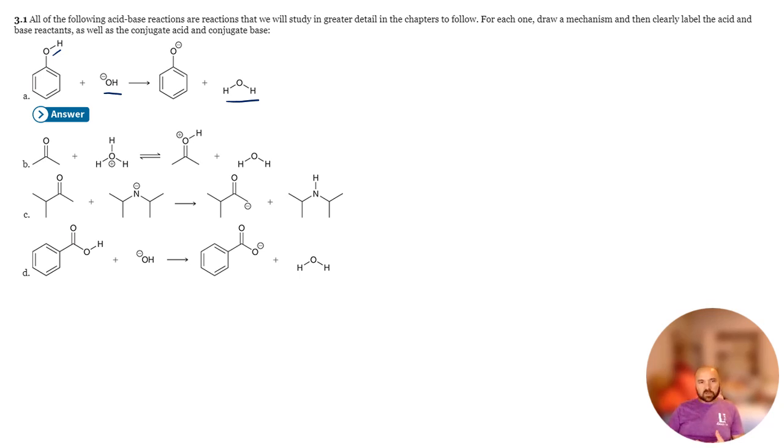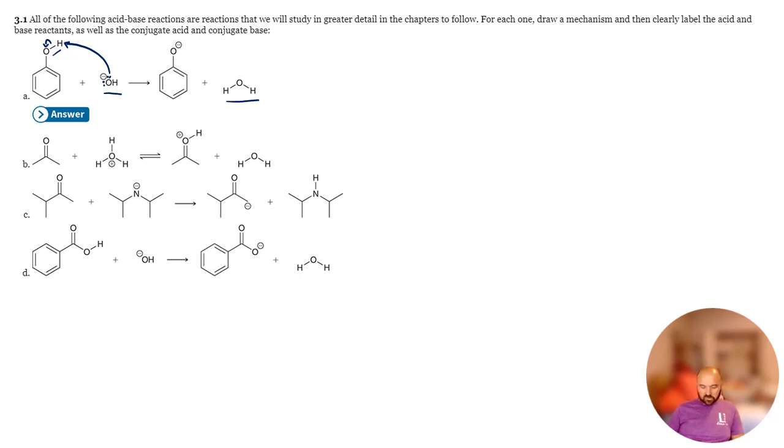If I'm trying to draw the mechanism for this reaction, I'm going to show the lone pairs on my hydroxide ion, and I will show one of those lone pairs forming a bond with the hydrogen there. Remember, the electrons in the bond with the acid stay with the acid, and so I would draw another arrow from the bond to the oxygen atom holding that proton.